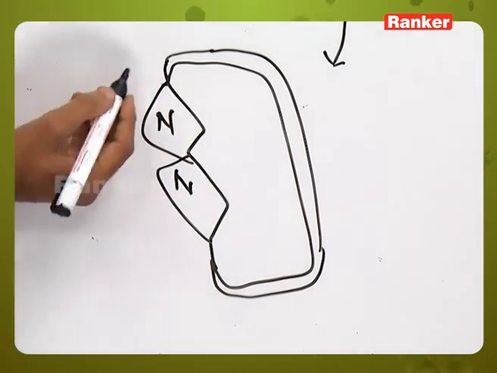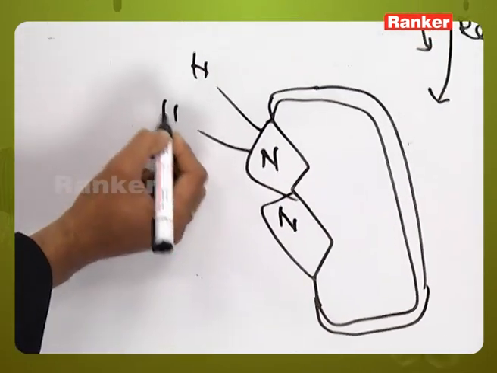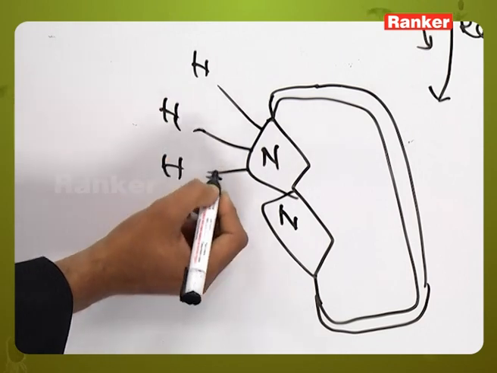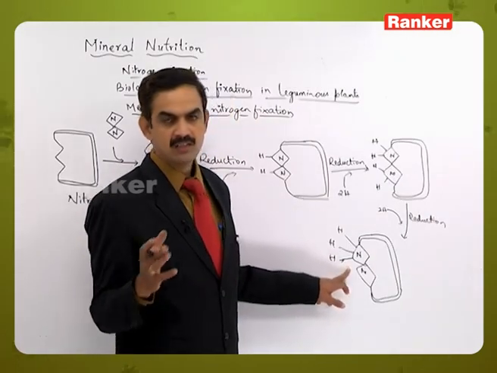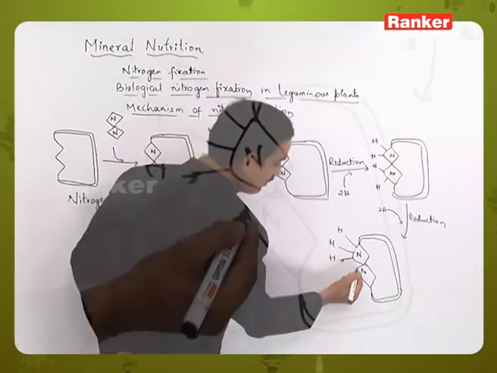Nitrogen, and here they form bonds. Three hydrogens have formed bonding with the nitrogen, so that the three strong bonds are completely broken by this process.